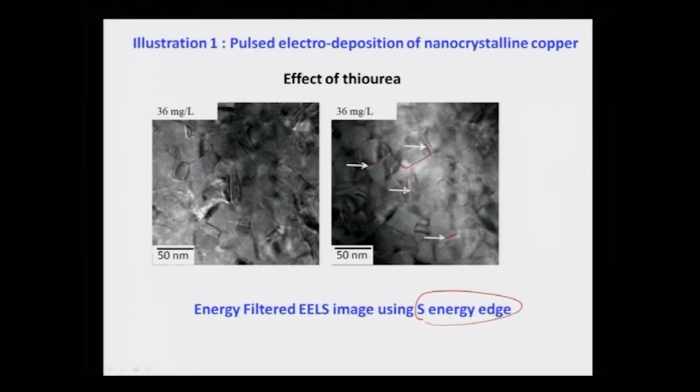So, sulfur, or rather thiourea, is getting deposited at the grain boundaries of copper, thereby pinning the grain boundaries and not allowing the copper grains to grow. This is equivalent to saying that copper grains are actually capped by the sulfur or thiourea molecules, and thereby cannot grow further and remain in the nanometric regime.